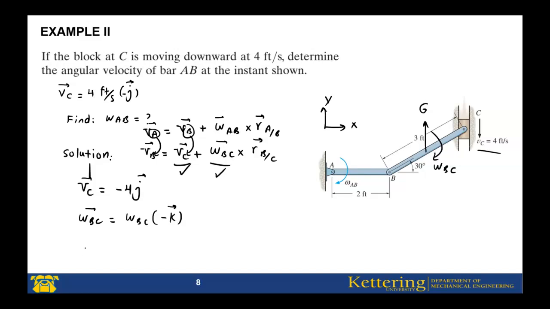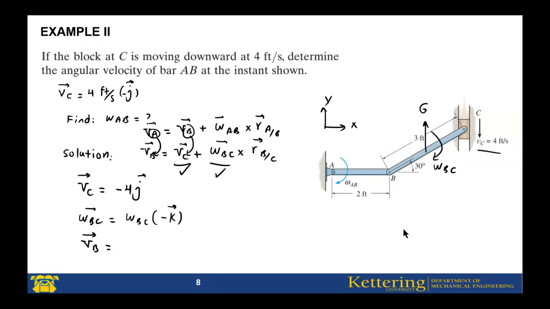Next, the velocity of B. This is a crank, okay? This is rotating. What is the direction of the velocity of B? Downward.